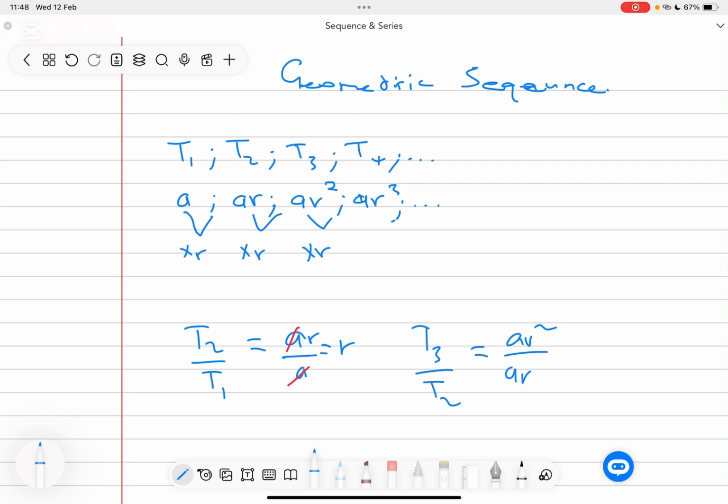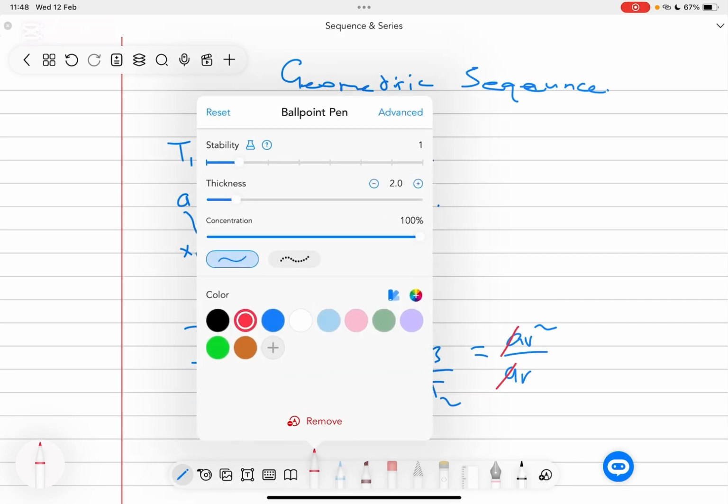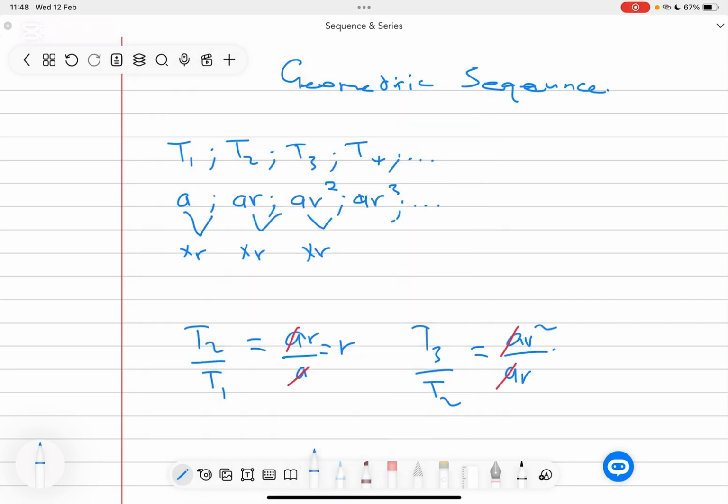Now the A here would cancel, and now I have R squared divided by R. So this will narrow down, using the laws of exponents, where we keep the base and we subtract the exponents. I'm going to have 2 minus 1, and this would give me an R. If we do the same operation, we divide T4 by T3, you'll find that you get the R as well.